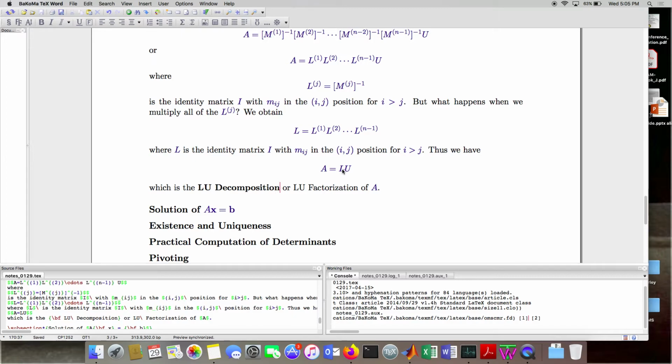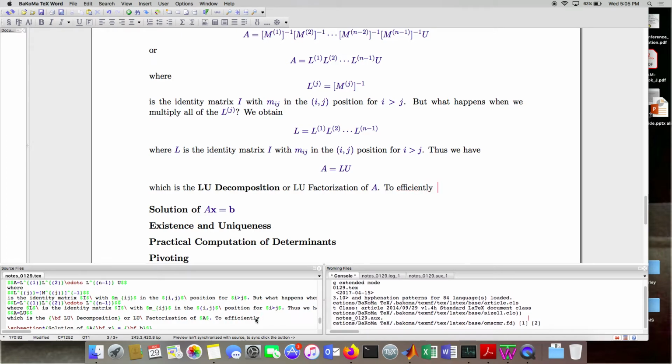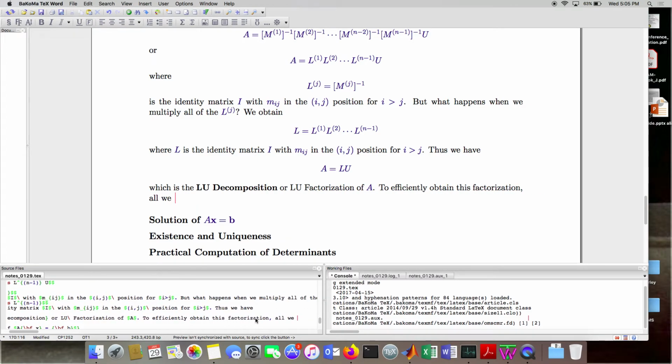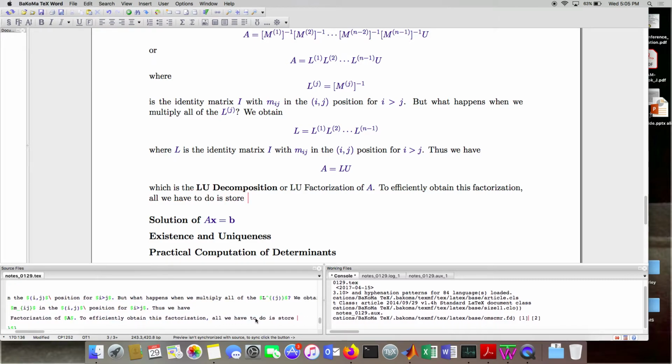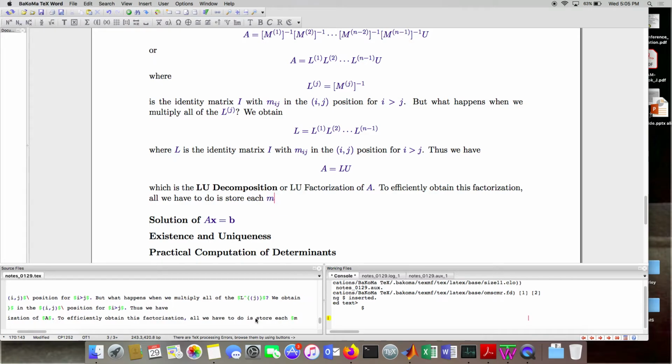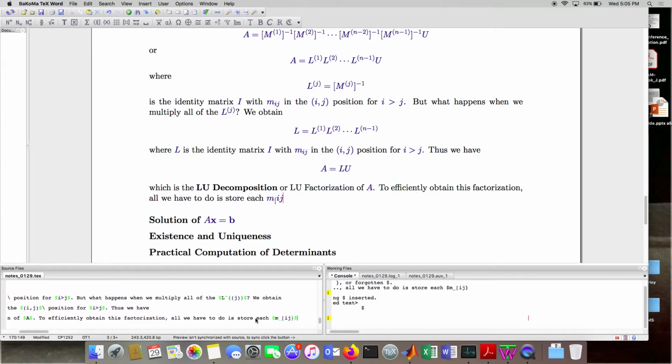So in other words, what we can do, so to efficiently obtain this factorization, all we have to do is store each multiplier as we use it to carry out the elimination.